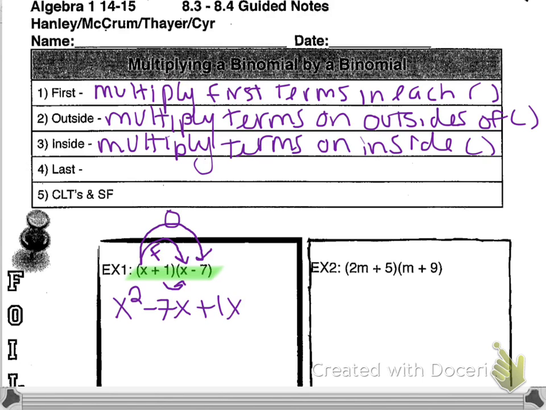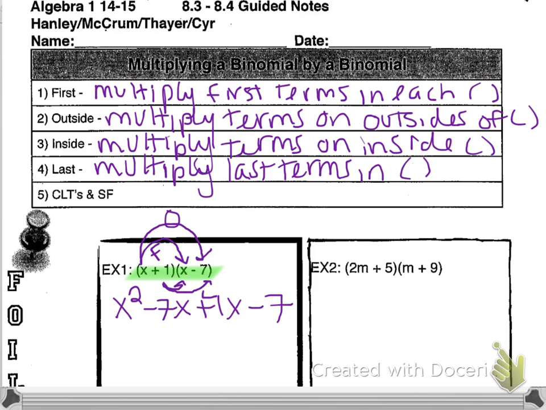And then finally, we're going to do the last two terms, so that's our L. We'll multiply the last two terms in each set of parentheses. And that is foiling. Okay, so we ended up with x squared minus 7x plus 1x, and then when you do 1 times negative 7, that gives us a constant of negative 7.